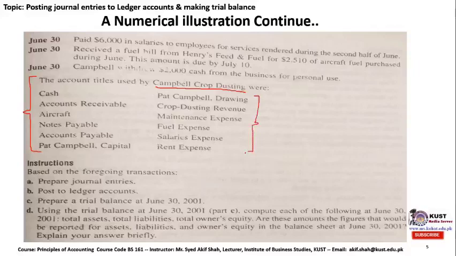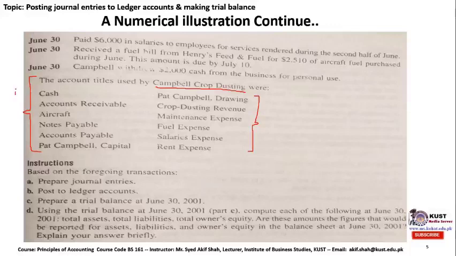but at the other end, this question requires you to opt for the relevant titles from the chart of accounts of the company. So here the examiner is bounding you to select the relevant titles.